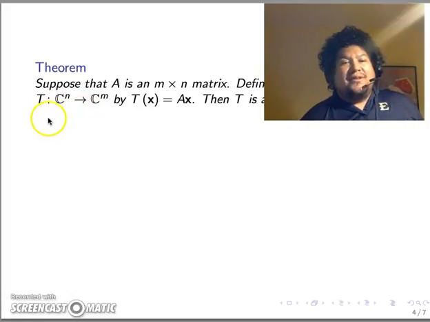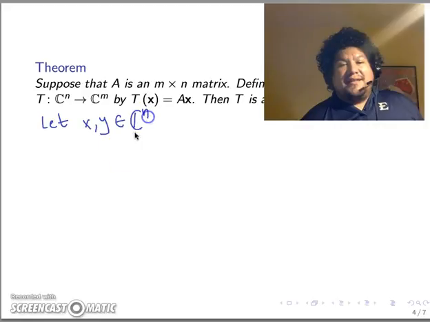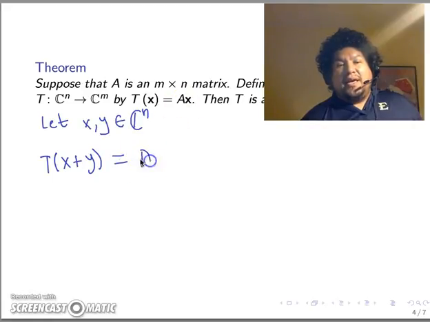So suppose we have x and y being vectors in Cn. Now let's check what happens to the transformation T acting on the sum x plus y. By definition, this would be A multiplying x plus y.